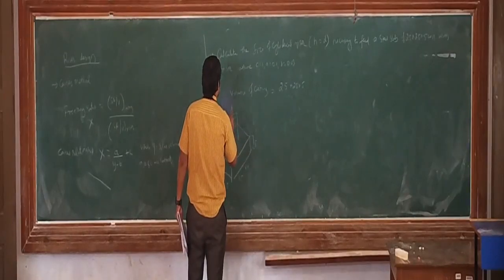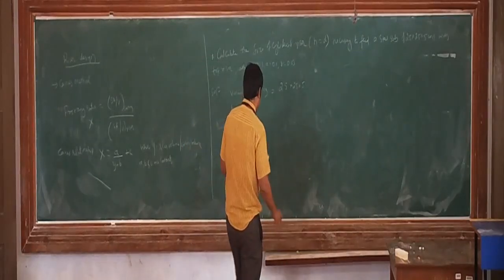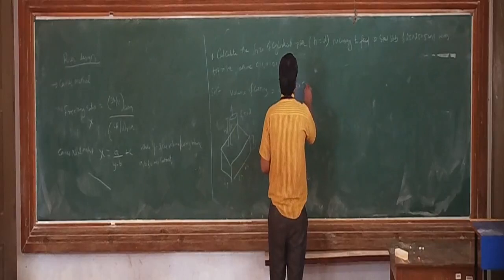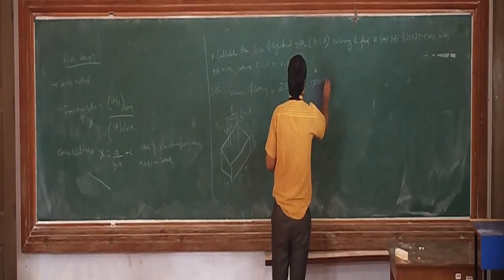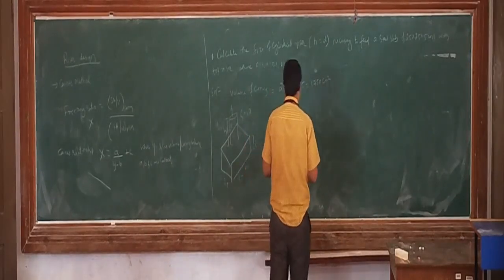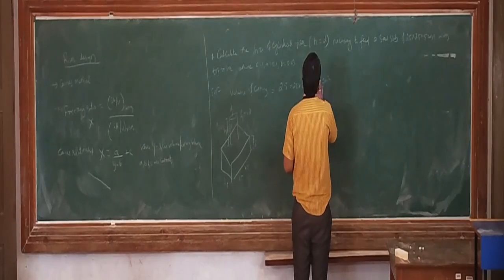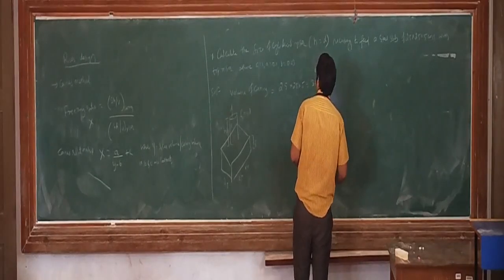This is diameter, this is H, and H is equal to D. Okay, so this is 3125 centimeter cube.